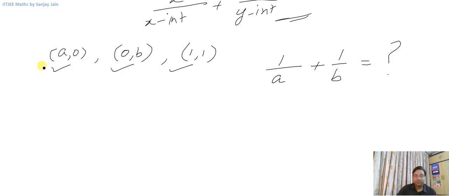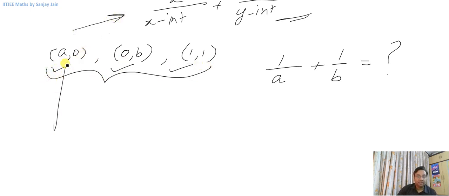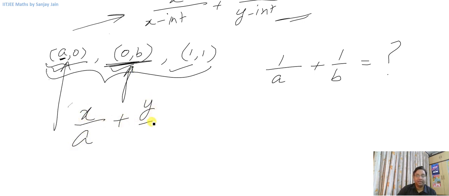So now after studying this intercept form, if you look at this question once again, you will know that this point gives me my x-intercept as a, and this point 0 comma b gives me the y-intercept, that is b. So the equation of this line has to be x by a plus y by b, that is x by x-intercept plus y by y-intercept equal to 1.